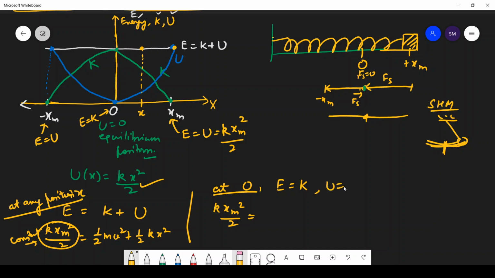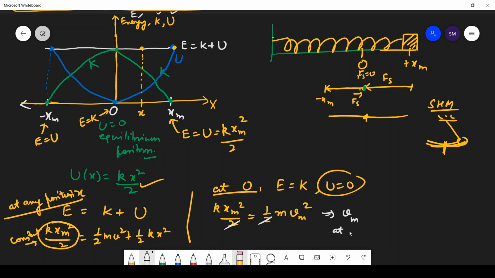Because U is 0 here, and that is equal to half m v square. Let us write here this velocity as V maximum. So that's the maximum speed. Now let us find this maximum speed. So 2 will cancel out.